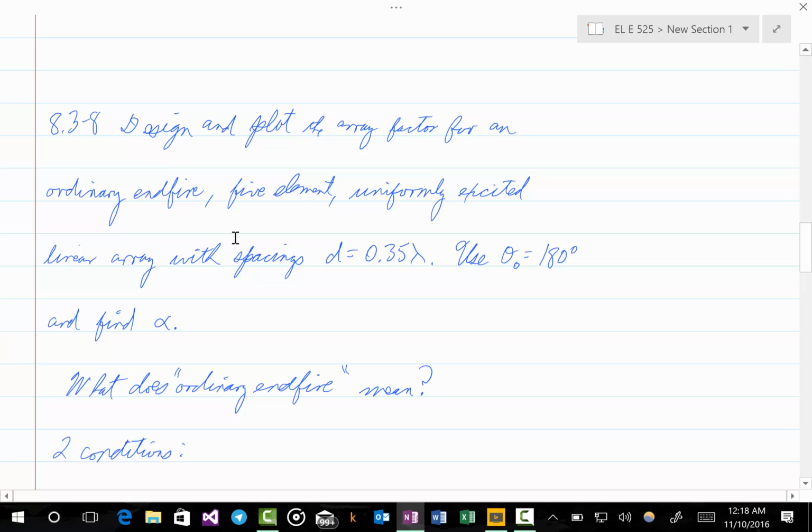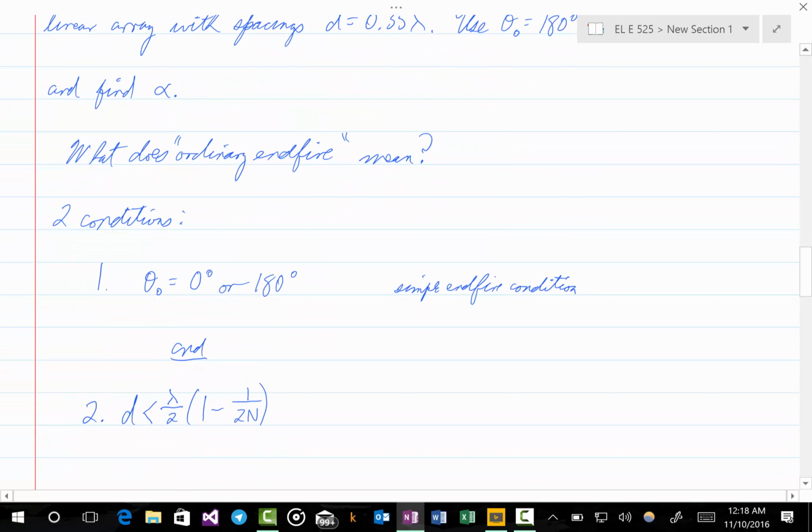What does it mean? Well, there are two conditions for an array to be designated as ordinary Endfire. The first condition is just the Endfire condition. This is true for any Endfire array, that theta naught must be equal to 0 degrees or 180 degrees.